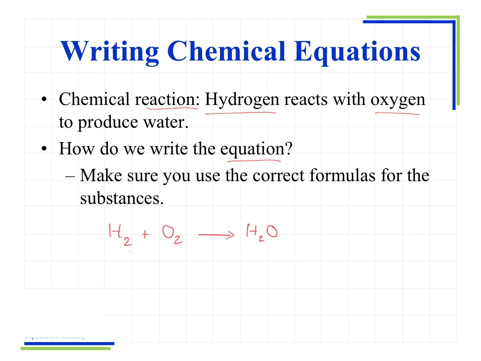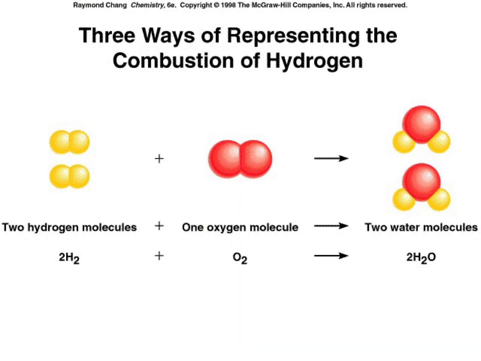So we have two hydrogen here and two oxygen, but on the other side we have two hydrogen but one oxygen, and that is not true. So we cannot have different number of elements. We cannot just use one of the oxygen and then throw away the other oxygen. That cannot happen. So we should have the same number of elements on both sides. So let's take a look at this reaction in the next slide.